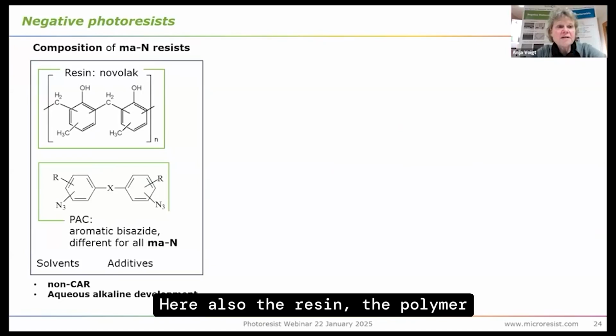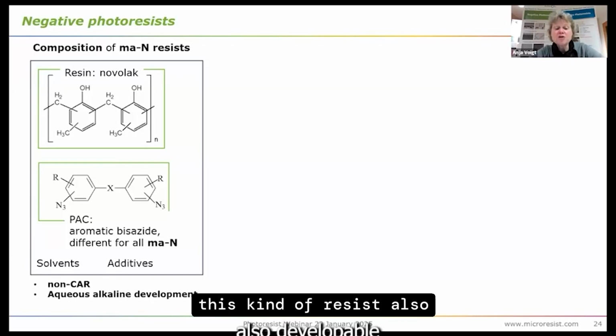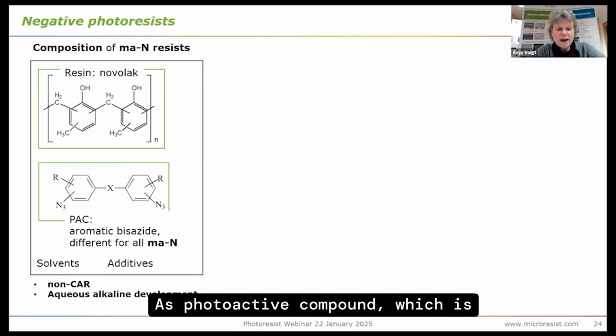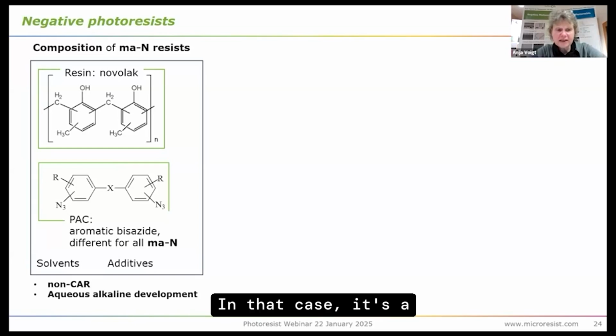Here also the resin, the polymer matrix, is a Novolac, which makes this kind of resist also developable in aqueous alkaline solutions. As photoactive compound, which is required, it's a different one. In that case, it's an aromatic bisazide.